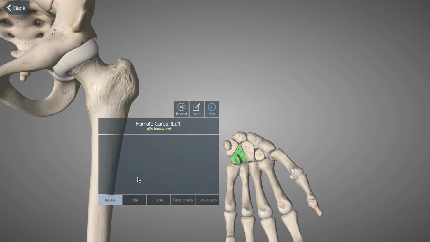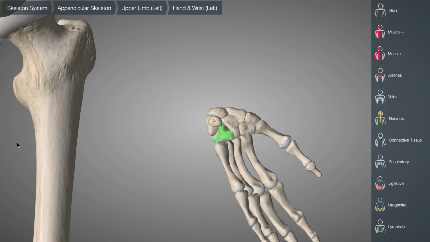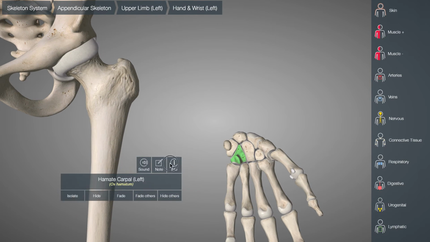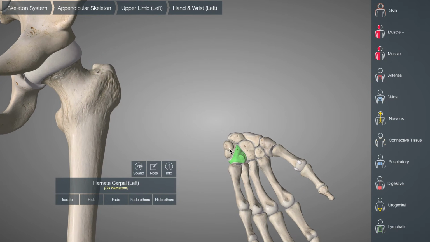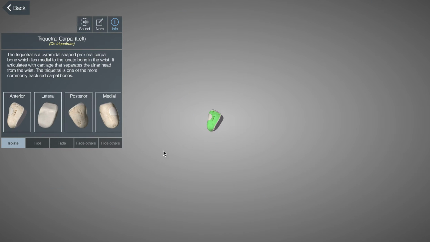We have hamate. Hamate has this little projection right over here, and it has this pointy bit, and it kind of reminds me of a hammer, so I call that hamate, and a lot of anatomists like to call it hamate too. Next we have the triquetral. This one, you just have to spend some time with it.